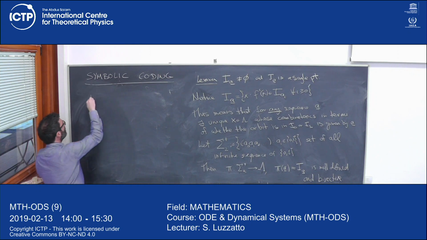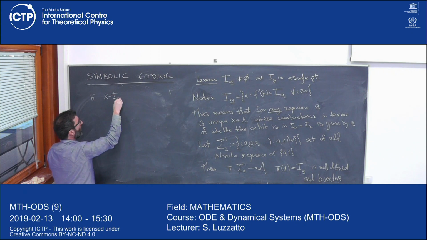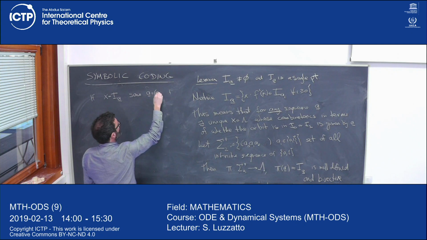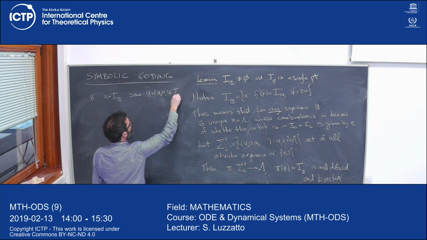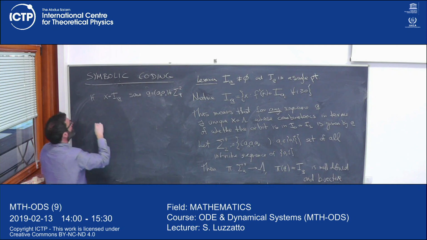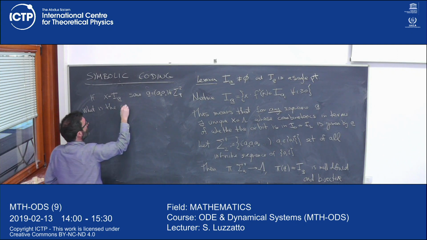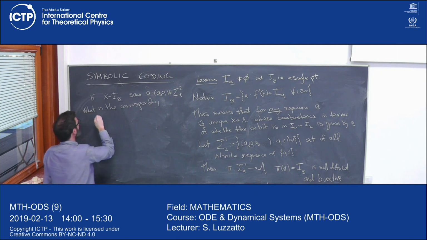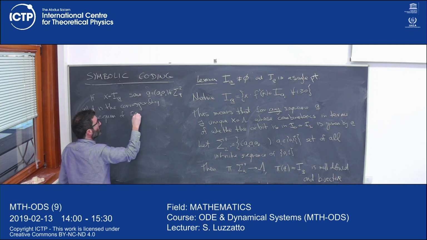So if you know the sequence, so if x is equal to I a bar, for some a bar equals A0, A1, and so on in sigma 2 plus, then what is the corresponding sequence of f of x?